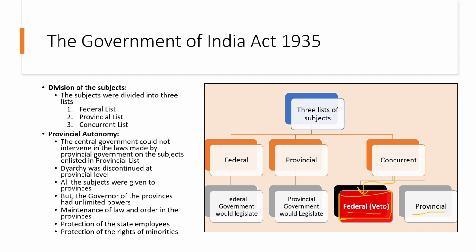Alright. Then students, another important salient feature was provincial autonomy. Students, we have studied the 14 points of Qaid Azam Muhammad Ali Jinnah, and in that we studied that Qaid Azam Muhammad Ali Jinnah demanded more autonomy for provinces. Why did he demand autonomy for provinces?